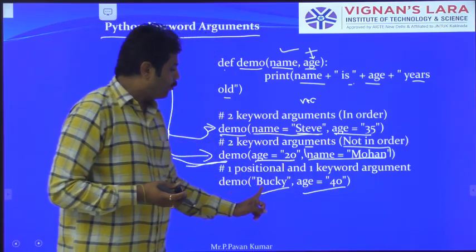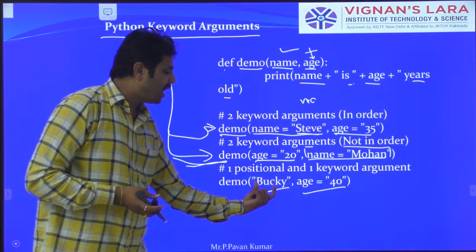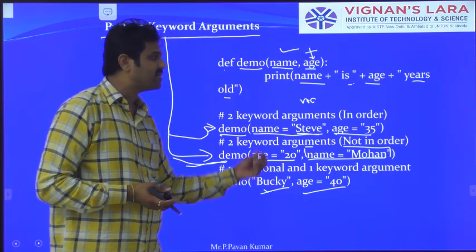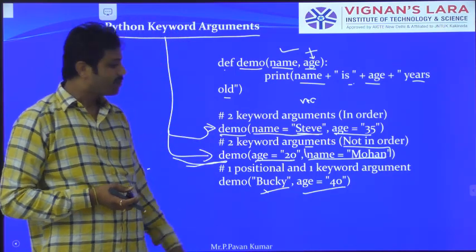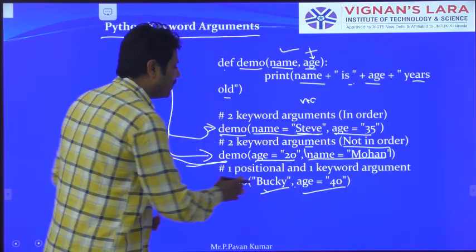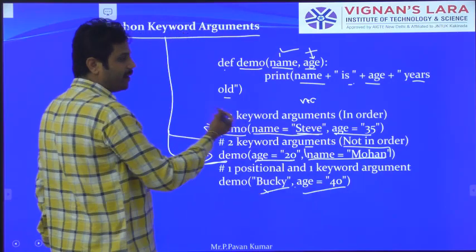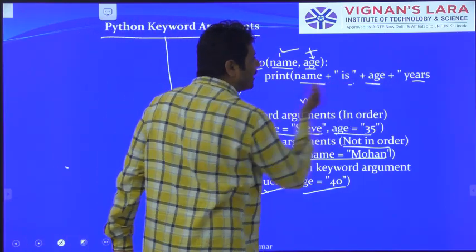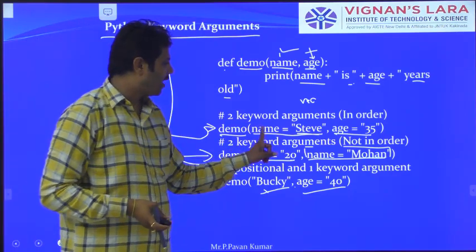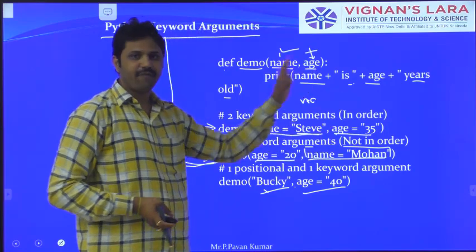Here, if you have not mentioned name equals to Bucky, the Python compiler automatically takes the first value as the name. Here you simply write age equals to 40. That means it will take Bucky as name and age equals to 40. Bucky is 40 years old. What I said, in the first one you write name and age. Simply Steve is name, age is 35. Clear.